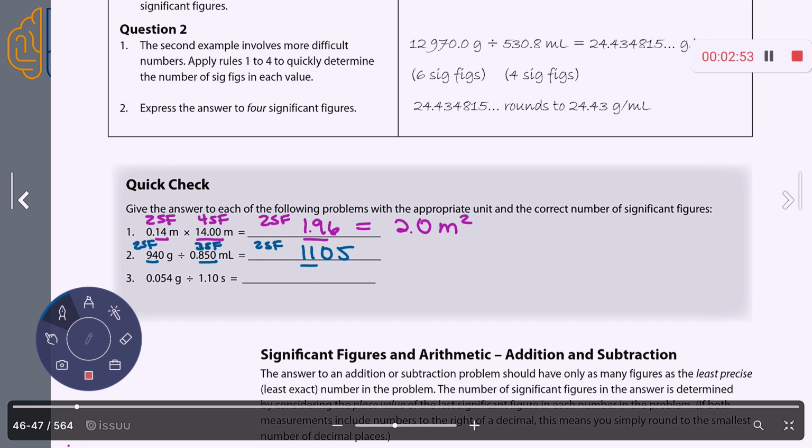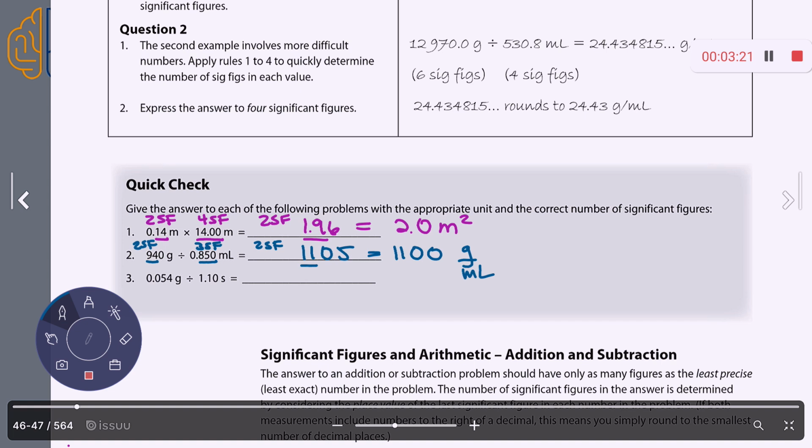You can't drop the 0 and the 5 off and just say that 11 is the answer, because quantity-wise, it's nowhere near the same as 1105. Does that make sense? Since you have a 0 after the 1, this would become 1100. You round it down to 1100 to give you 2 sig figs because that quantity is around where I need it to be. And then your unit is grams per mil.